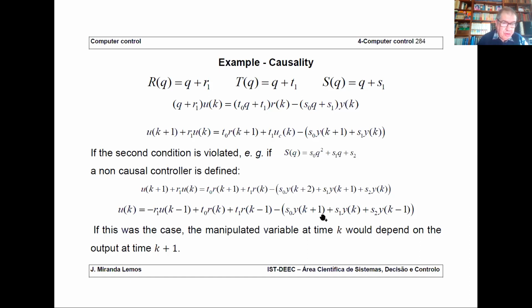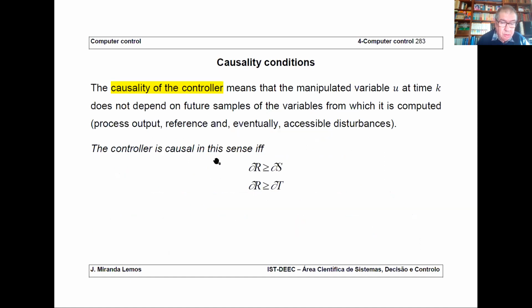That is to say, you are at time k, you want to compute the manipulated variable u at time k, and it will depend on a future reading of the output. And this is non-causality. This happened because in this case S has a degree bigger than R. So for causal controllers, we must comply with these two conditions.